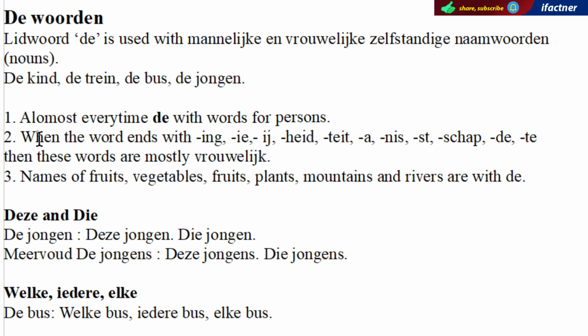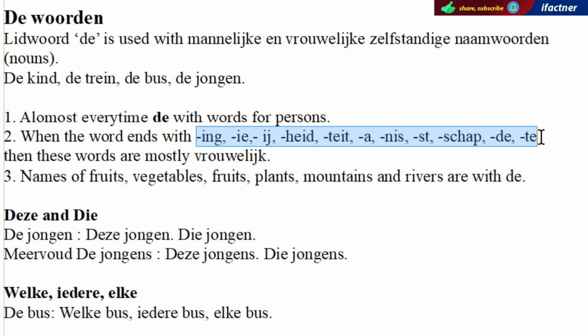And you use de with the naamwoorden when the naamwoord ends with ing, ie, ije, heid, teit, de, nis, ste or schap, then these words are mostly vrouwelijk, and you can use de with these naamwoorden.